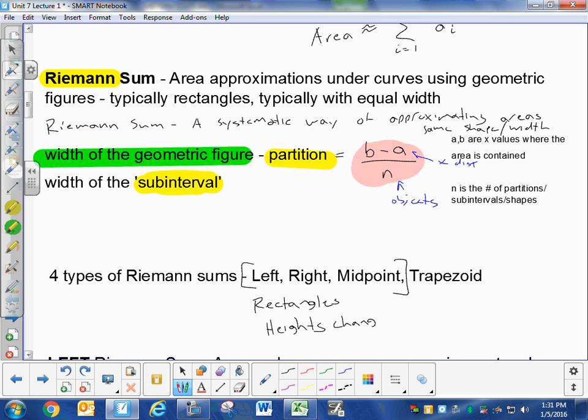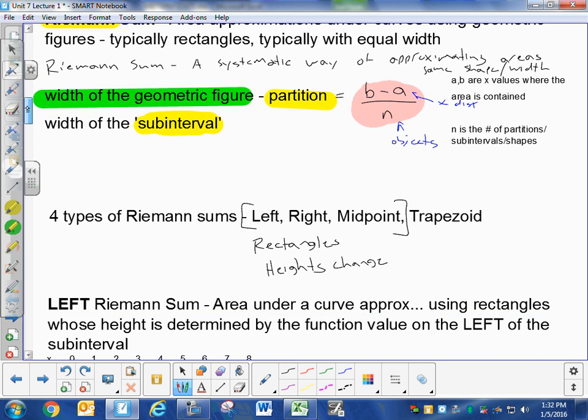So let's say the heights change. Trapezoid is different. We'll get to the trapezoid when we get to the trapezoid. Okay? All right, here we go. Let's start with a left Riemann sum. Let's learn the systematic process of finding an approximation for the area under a curve using one of these Riemann sums.